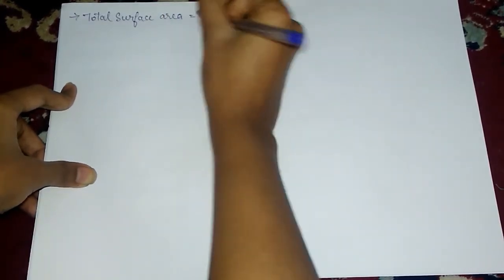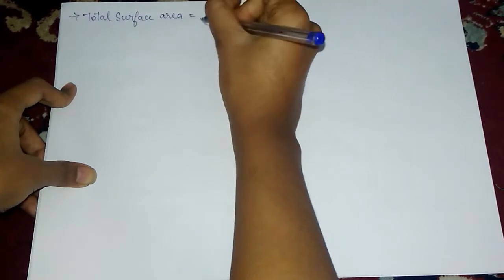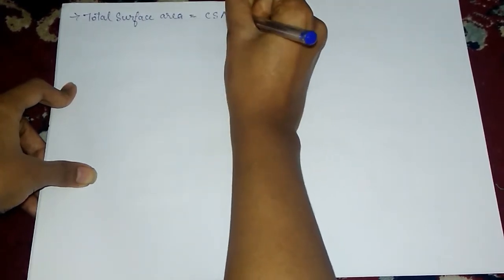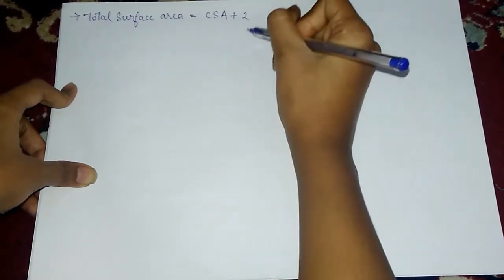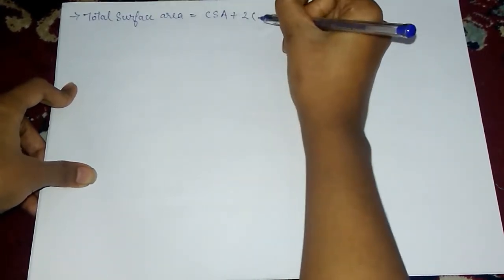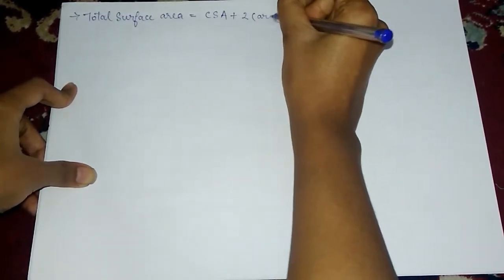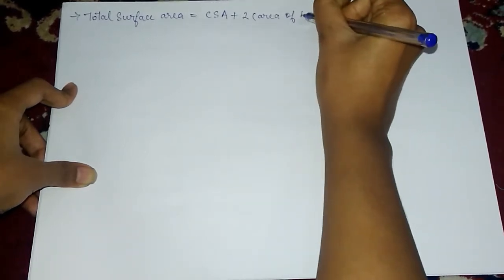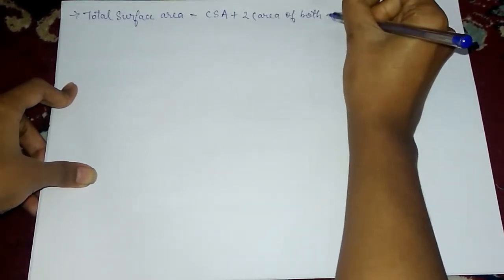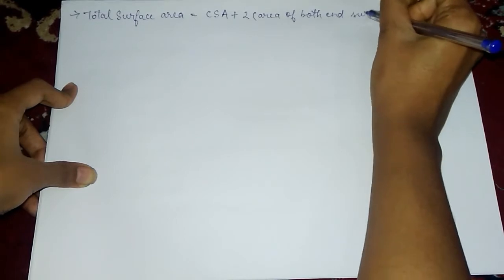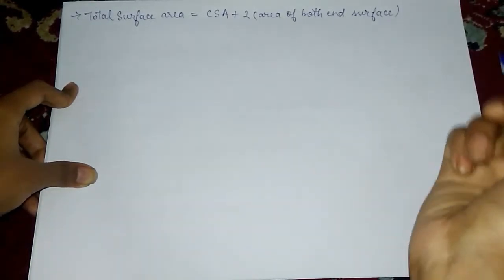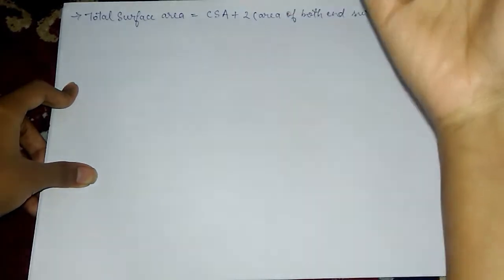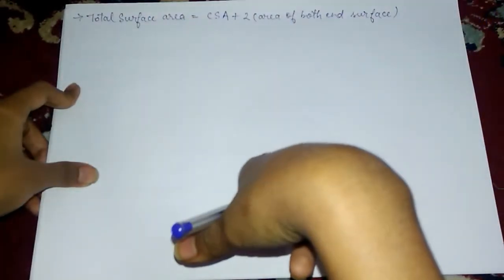Total surface area, the base formula is curved surface area, we also call it CSA, plus 2 into area of both end surface. That means area of top and bottom.